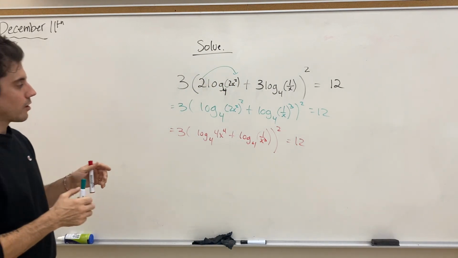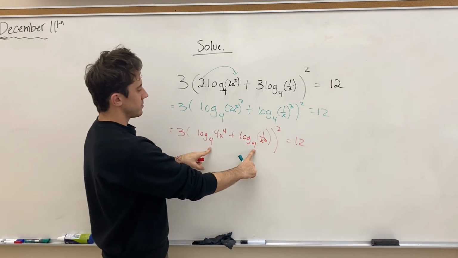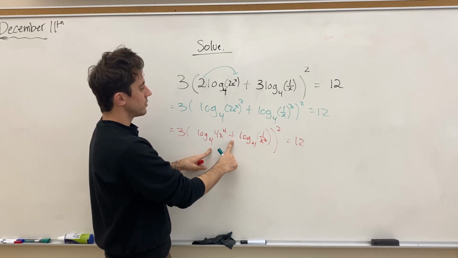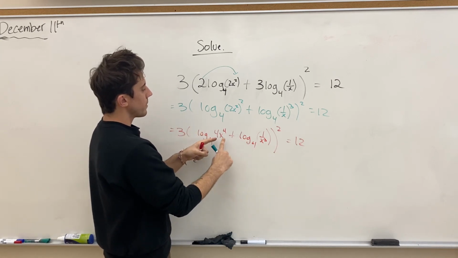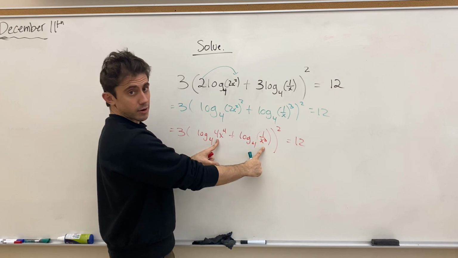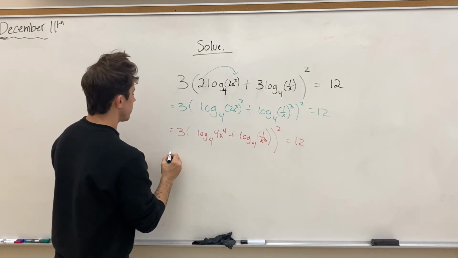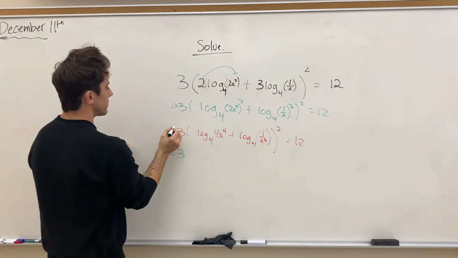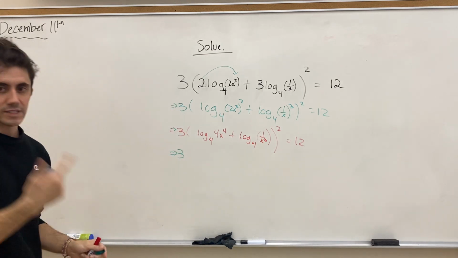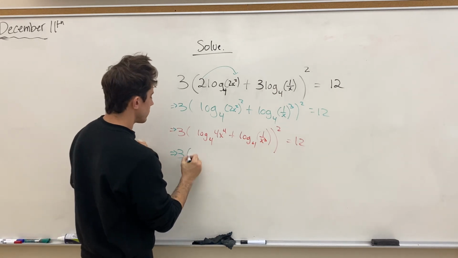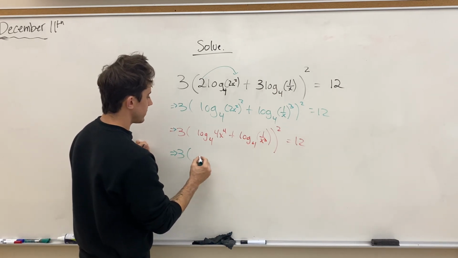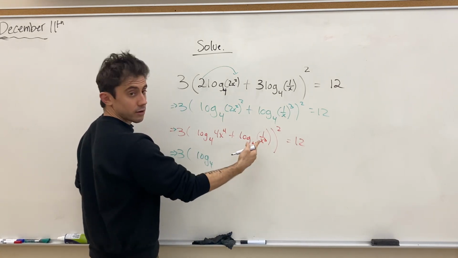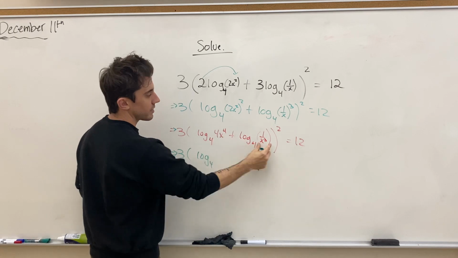Now we can use another log rule, recognizing that we have 2 logs with the same base, and through addition, we can combine the 2 logs into 1 by multiplying the 2 arguments, right? I should just do an arrow pointing to the next line to be proper. So now we have the left-hand side of our equation looking like 3 times the log base 4 of, we're adding the 2 logs, and so we can combine them through multiplying the 2 arguments.